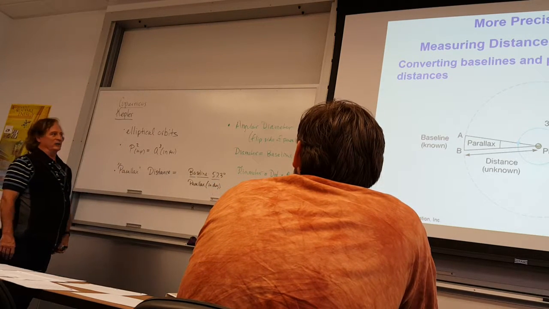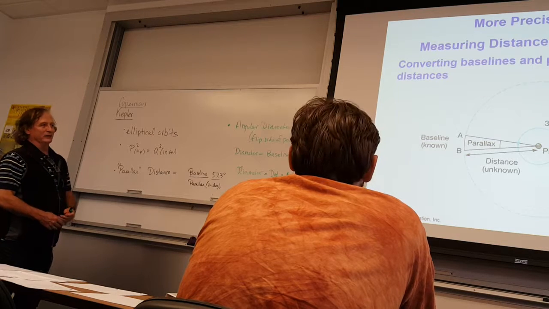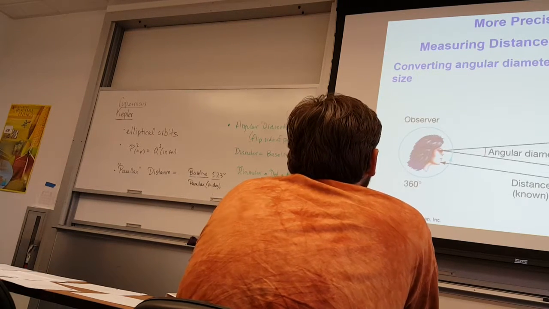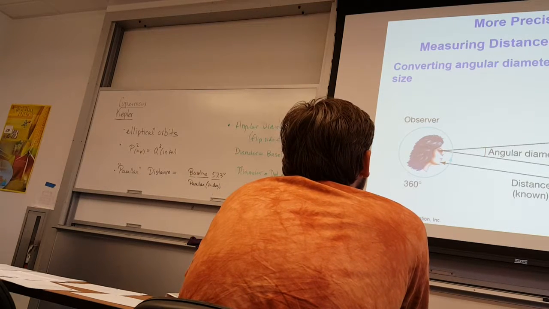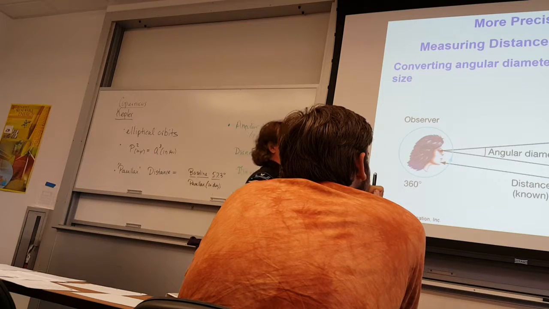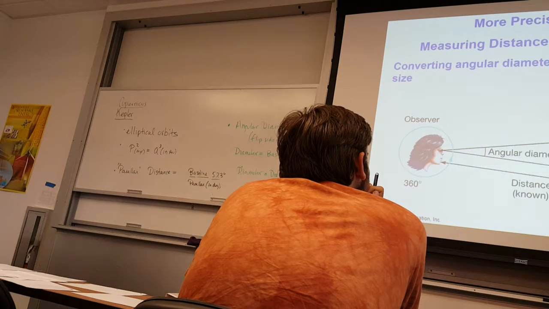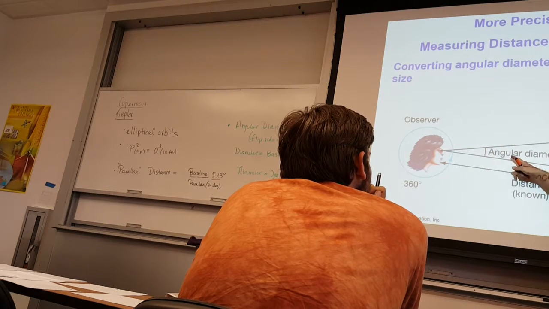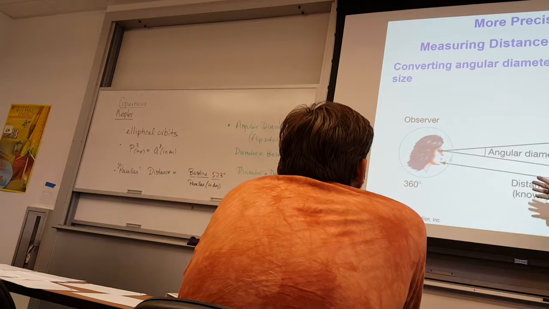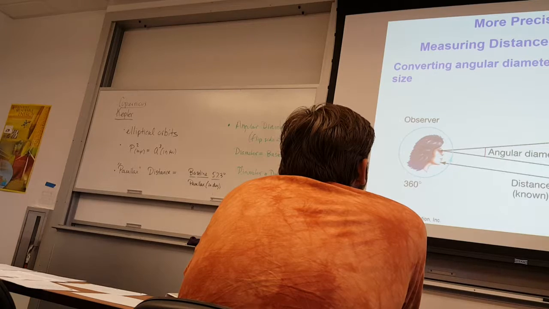He could do that from simple geometry based on this idea. Let's see if we have some diagram of that. Oh, here's the angular diameter. So, the same kind of thing. The diameter we called the baseline before. Here's the angular diameter that we called the parallax before. And there's a distance on it.